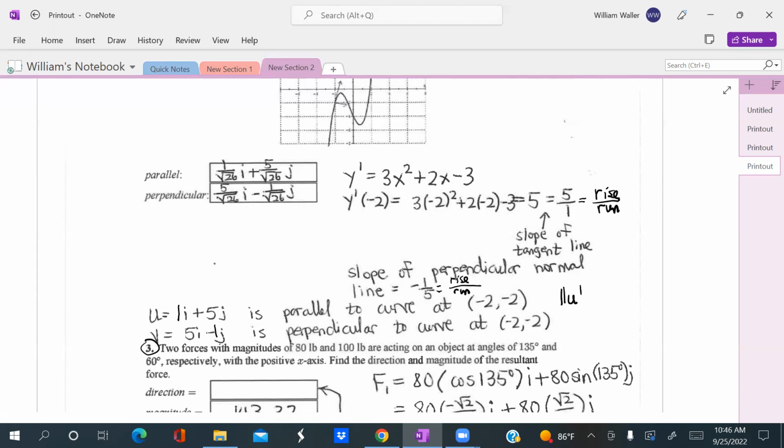When you do the calculation, you will get a magnitude of square root of 26. So divide these components by square root of 26. And so there it is shown. You will get unit vectors, one parallel and one perpendicular to the curve.